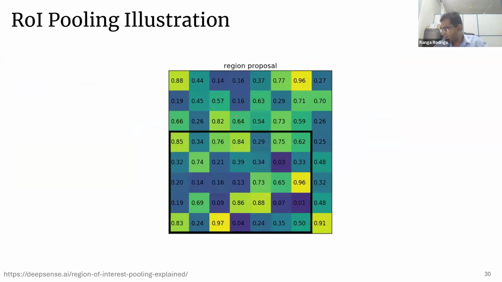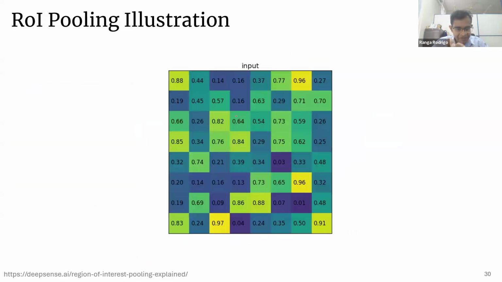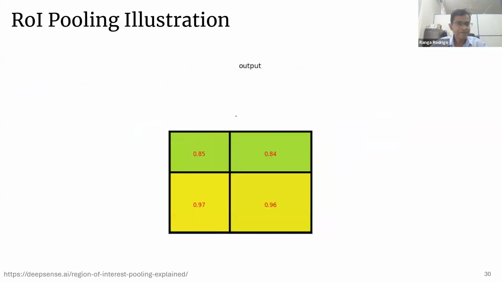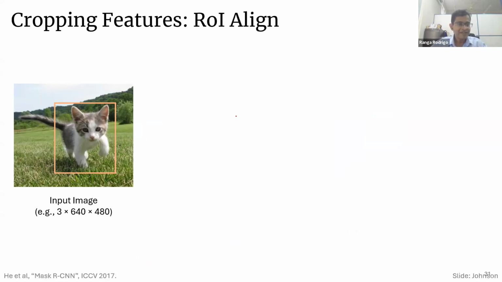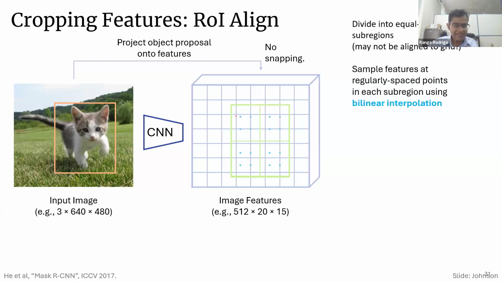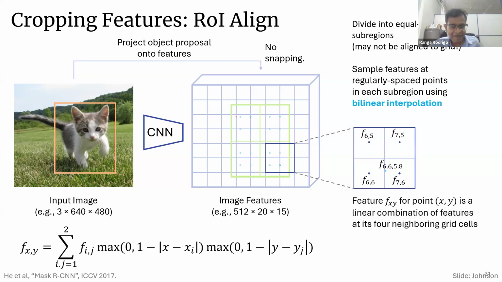A little bit of illustration of ROI pooling: the region proposals are located, then divided, and then the maximum values are extracted from each. Then there is a thing called ROI Align that we will not talk about too much. It is an interpolation-based method, which is more advanced.